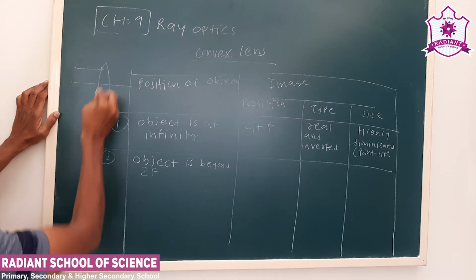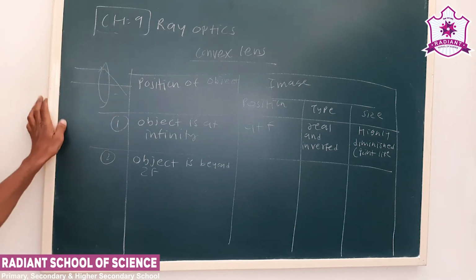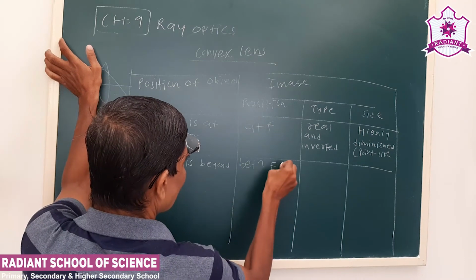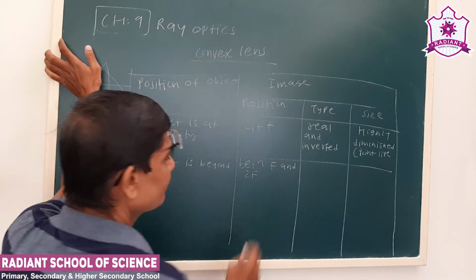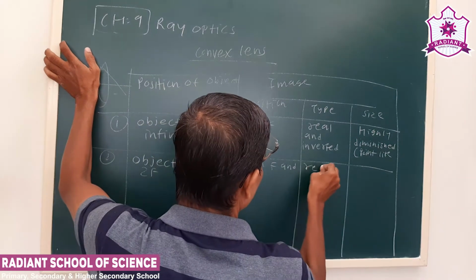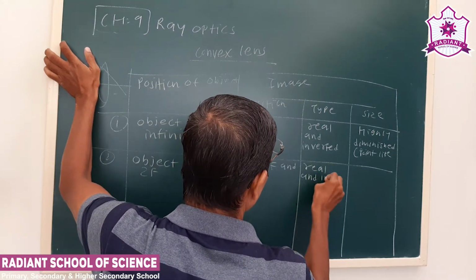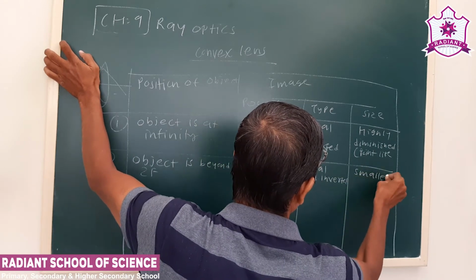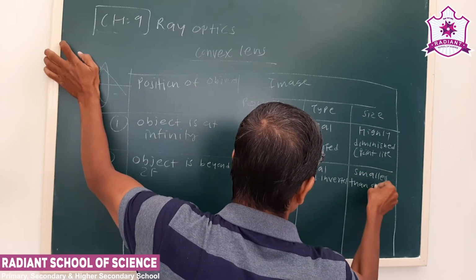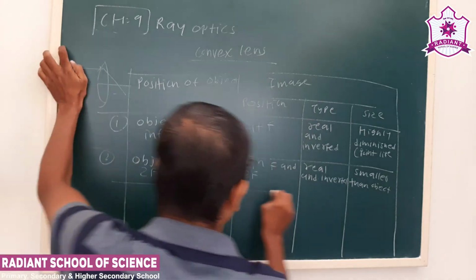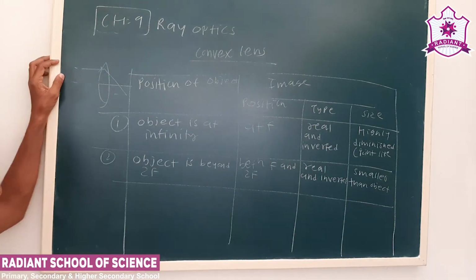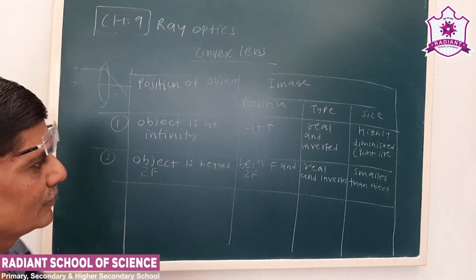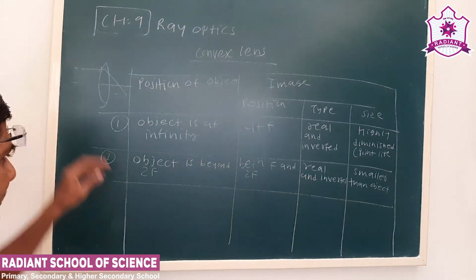When the object is beyond 2F, the image is between F and 2F. It will be real and inverted, smaller than the object. So when the object is beyond 2F, the image is formed on the other side between F and 2F, real and inverted, smaller than the object.